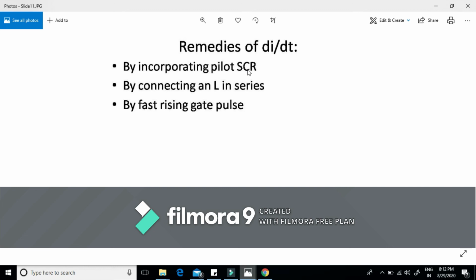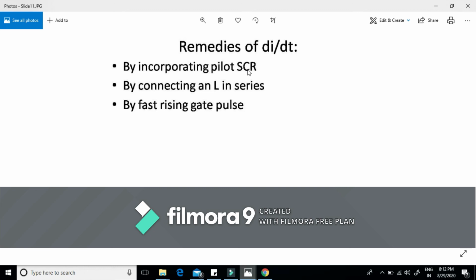Another way is by connecting an inductor in series to slow down this fast rising anode current, by providing a fast rising gate pulse, that is called hard gate driving, that causes a fast spread of carriers along the blocking junction J2.